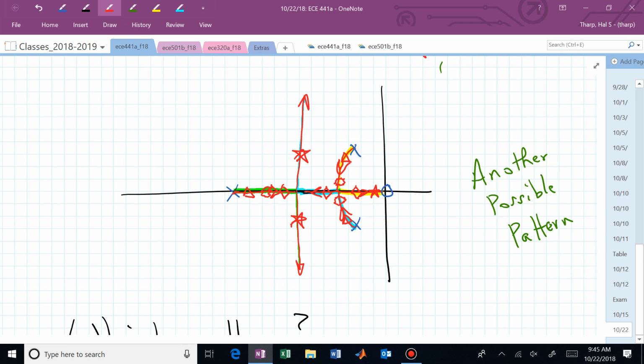If somebody said, oh, you know what, I picked a k of 6, and here was a closed loop pole, and here was another one, and here was another one, I would say, well, you just lost all the points on that problem, because there's no way a closed loop pole can be anywhere other than where the root locus is.